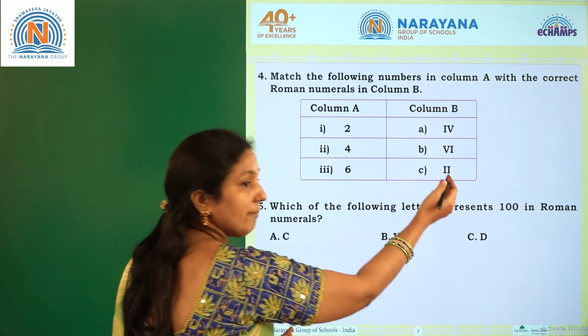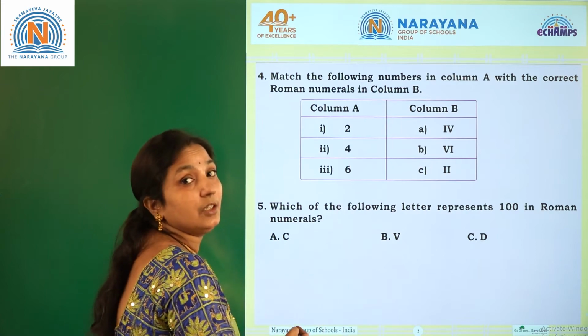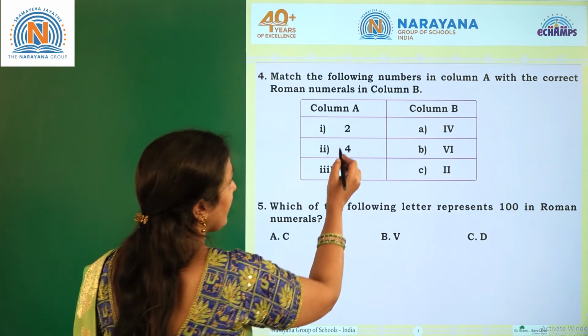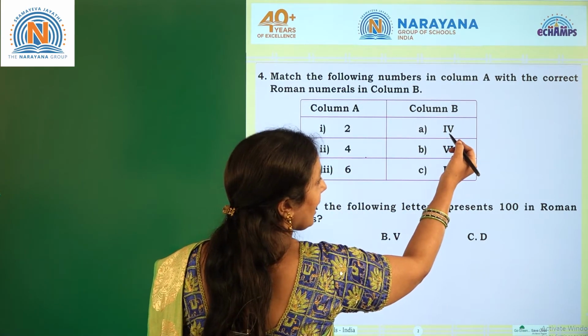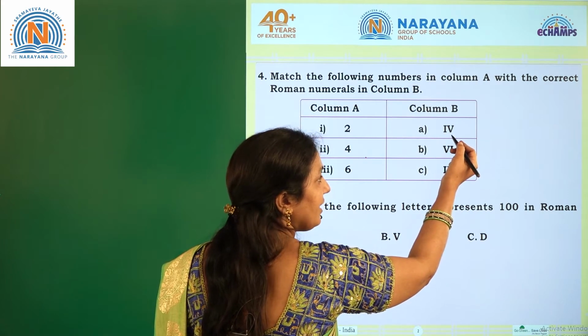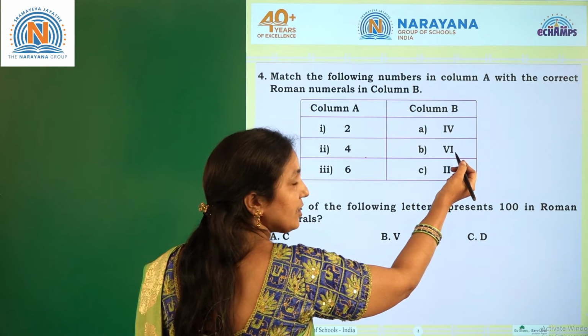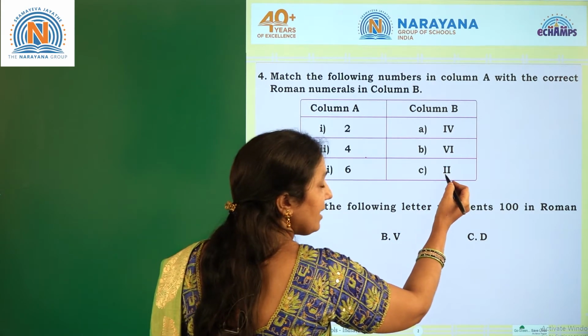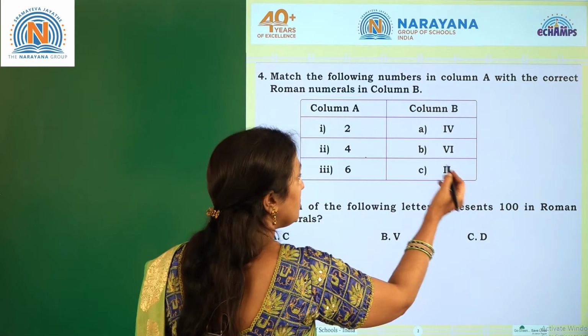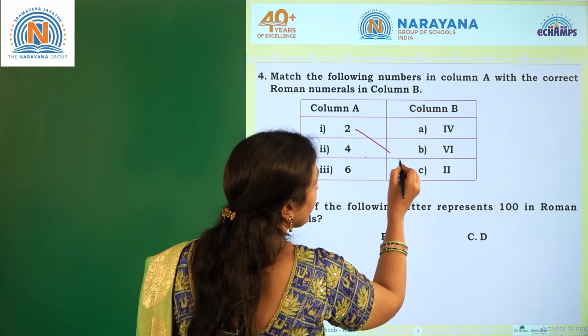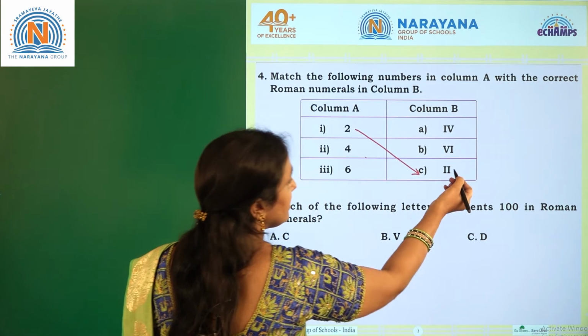So we have to match it with correct Roman numeral. So the value of 2. So here IV. What is the value of IV? 4. And VI. What is the value of VI in Roman numeral? 6. What is the value of II? Means 2. So the correct matching is 2.